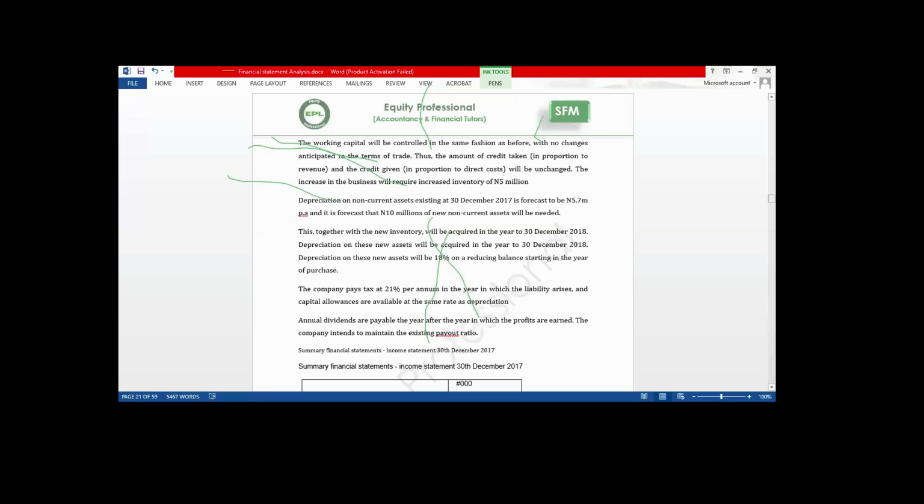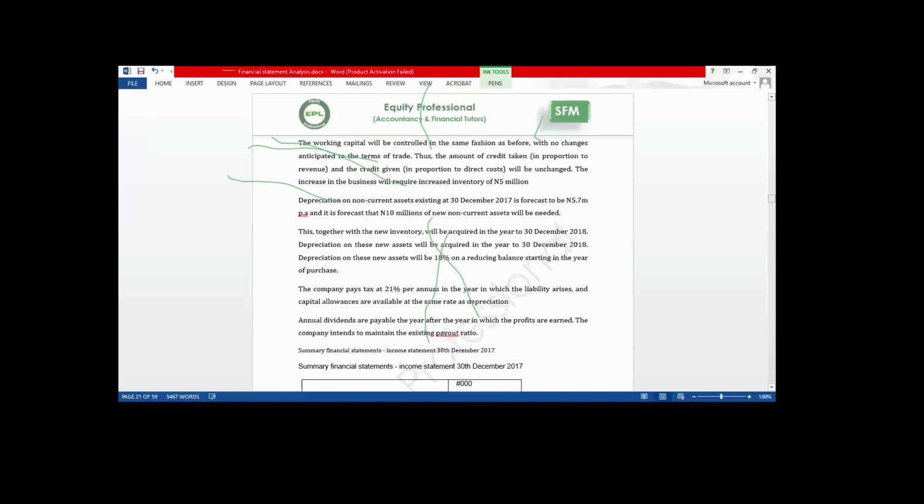The next paragraph: depreciation on non-current assets existing at 30th December 2017 is forecast to be 5.7 million per annum, and it is forecast that 10 million naira of new non-current assets will be needed.